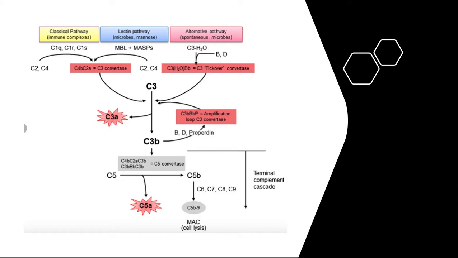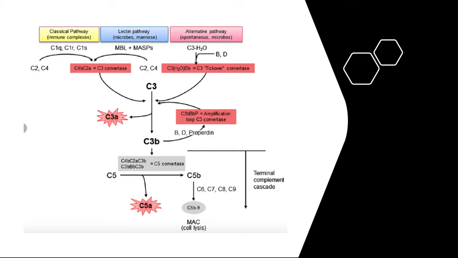Cleavage of C3 can occur by one of three pathways. The classical pathway, which is triggered by fixation of C1 to antibody, immunoglobulin M and immunoglobulin G, that has combined with antigen.